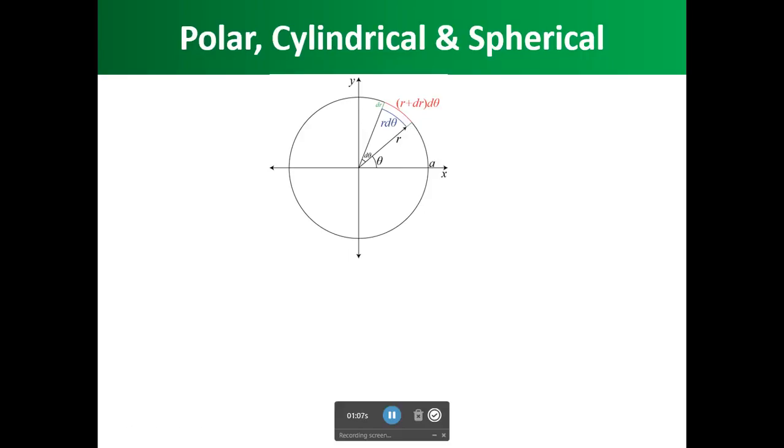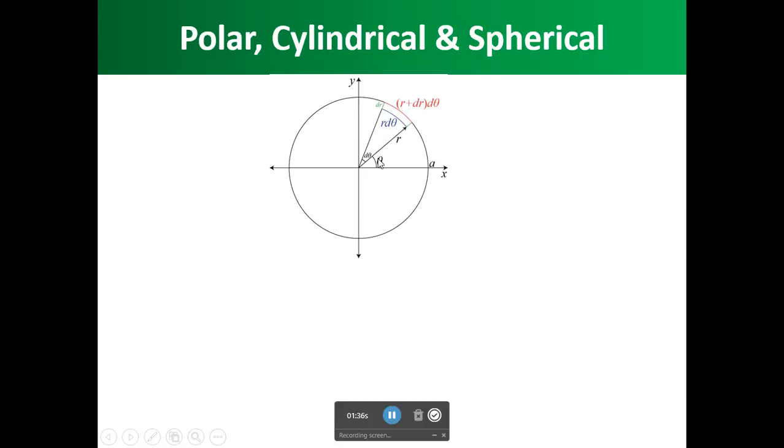Then when we come to polar, we're now looking at the angle. If we take this angle and the radius, those are the only two things we need to define a point in polar. Just like X and Y, it's R and theta.